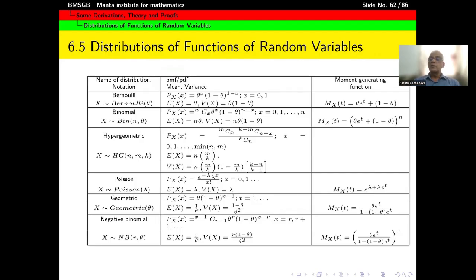So this is the homogeneity function of x1, this is the homogeneity function of x2, this is the homogeneity function of x3, because they are all identically distributed. That means they have the same distribution, so their homogeneity function should be the same. But because x1 up to xn are independent, the homogeneity function of x1 plus x2 plus up to xn should be equal to the product of the individual homogeneity functions.